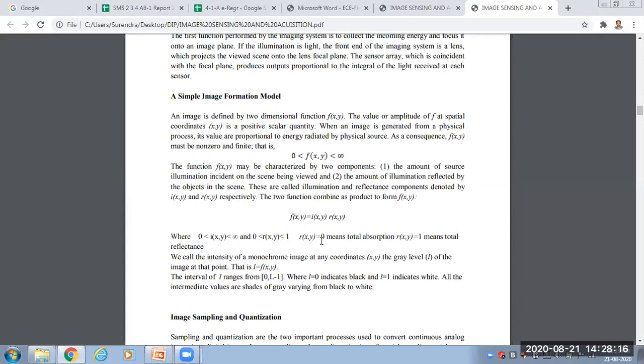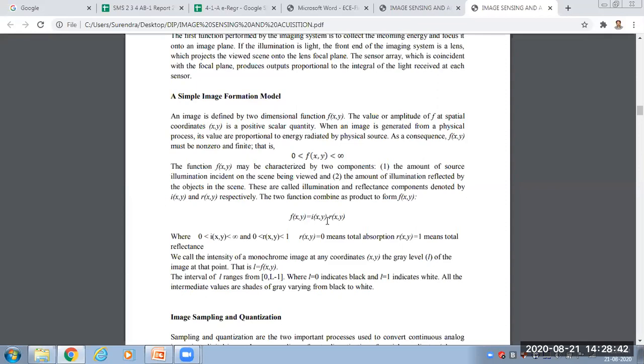If R of x comma y is 0, there is total absorption by the object, and R of x comma y equal to 1 means total reflection, so the entire value is reflected back. If R of x comma y is 0, there is no image and it is not possible to get the image back. Only then can we capture or sense our images.